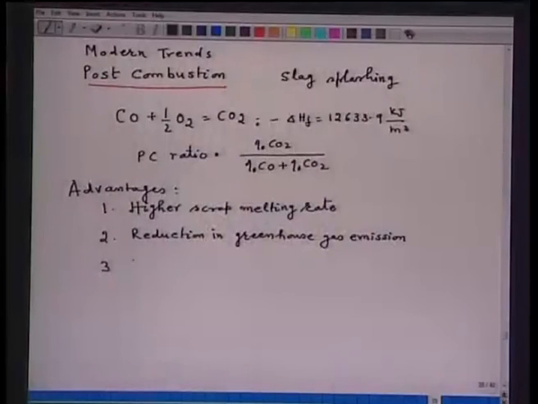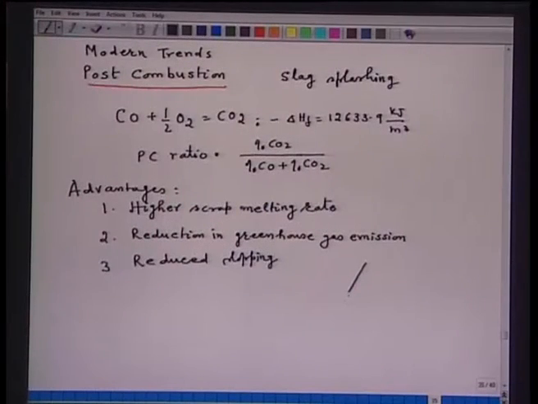Third, reduced slopping, because now the temperature increases, slag becomes less viscous, and hence the chance of slopping is also minimized.